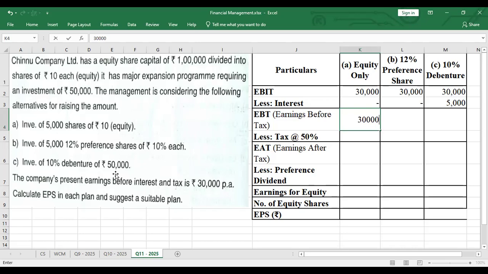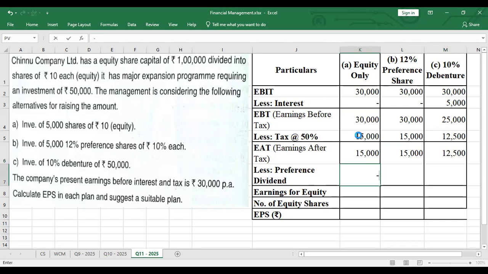Simplify, you will get earning before tax 30,000 minus 5,000, 25,000. How much tax rate have they given? Cross check once. If the tax rate is not given, consider 50%. So 15,000, 15,000, 12,500.